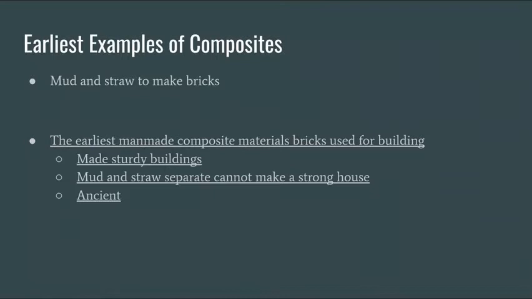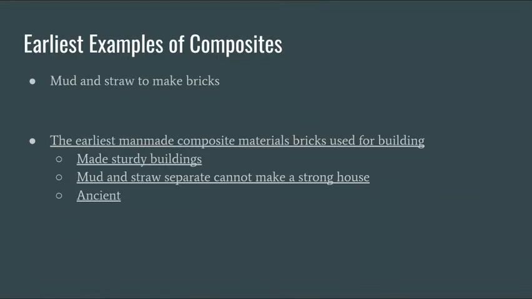So they combined the two and made a composite of mud and straw, and it seemed to have both of the properties of mud and straw together, but it created a stronger building and a more sturdy brick to make a house or any kind of building that people would need to live in. So this is really the first example, and it's very old and can still be used today.